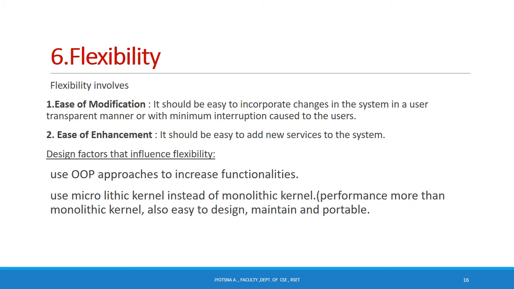Ease of enhancement means it should be easy to add new resources to the system. The design factors that influence flexibility involve using object-oriented programming approaches to increase the functionalities. Another method is using the microkernel instead of the monolithic kernel.